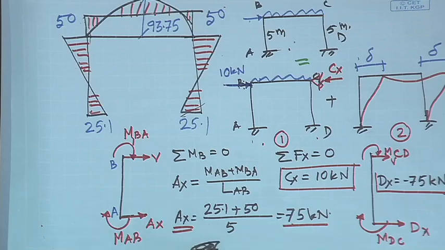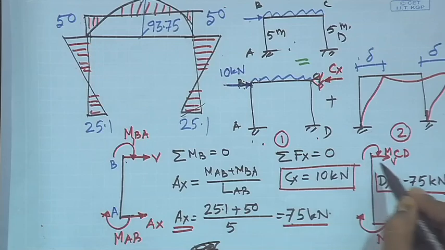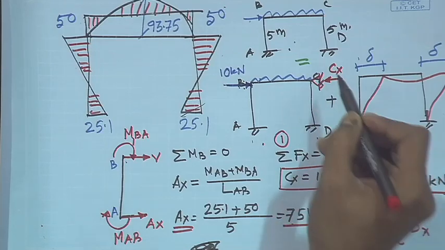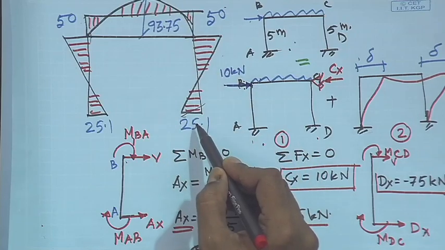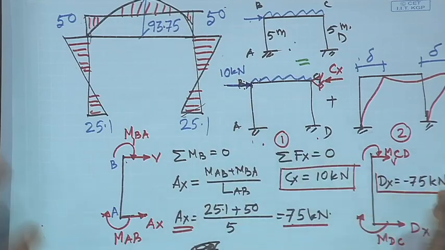Now, actually without doing all this, without taking these parts separately, we could have obtained Cx by drawing the free body diagram of the entire structure and taking moment about this. Let us do that.